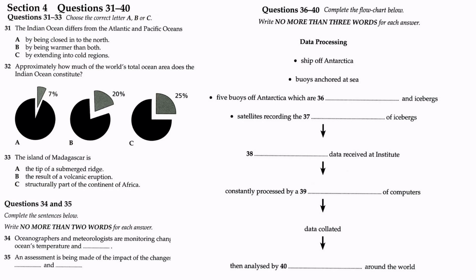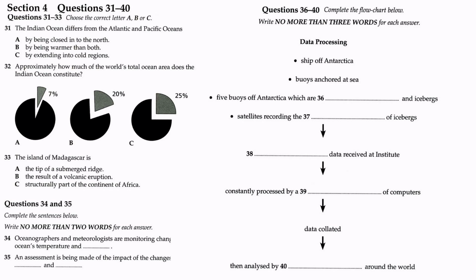Flowing into the Indian Ocean, we have some of the world's greatest rivers. The Zambezi here, the Ganges here, the Indus, the Brahmaputra, and the Tigris-Euphrates just here.